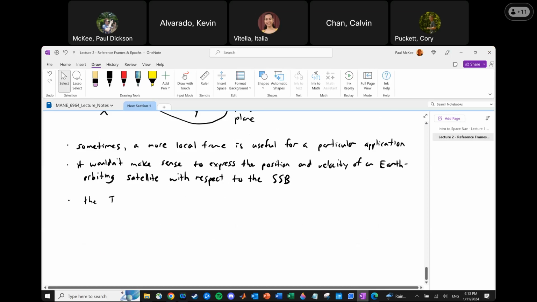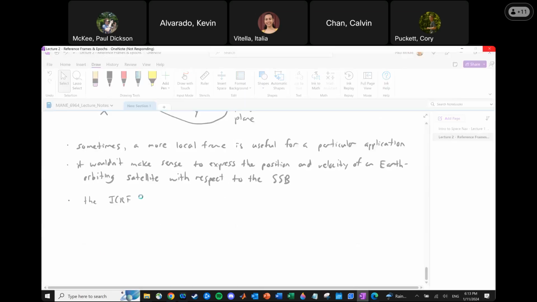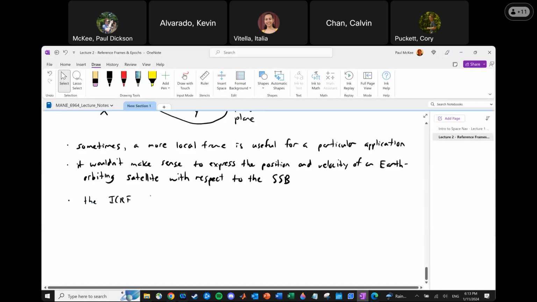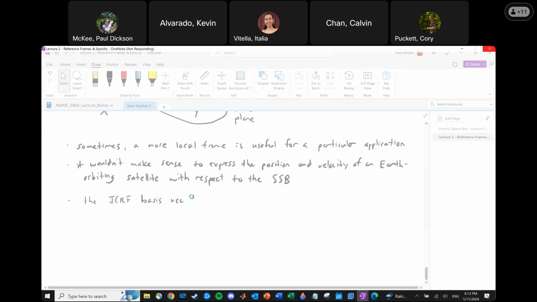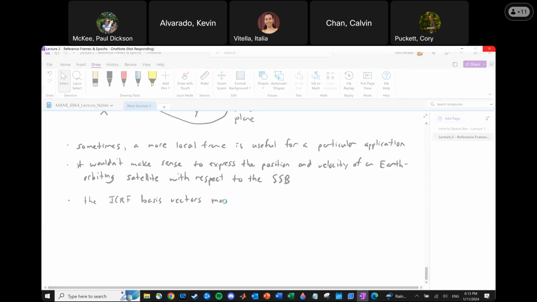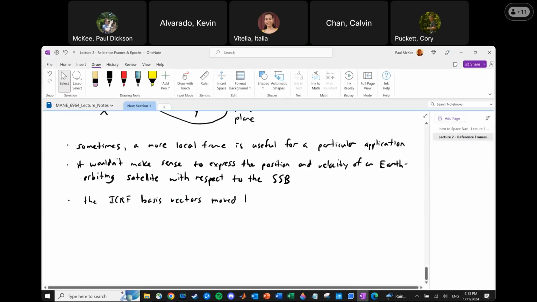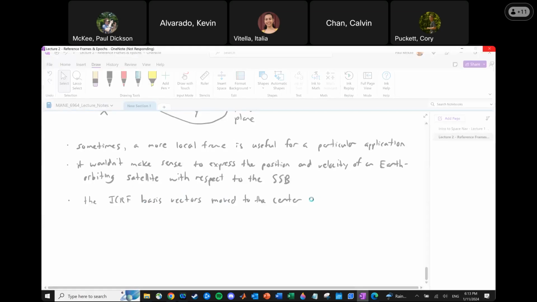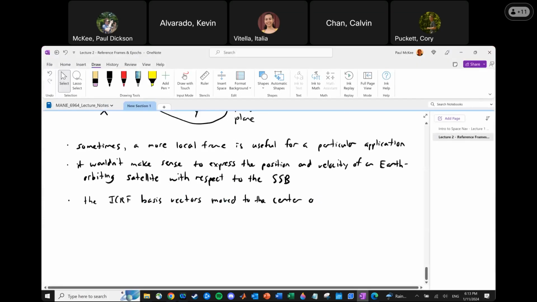So the ICRF basis vectors moved to the center of the Earth forms what we call.